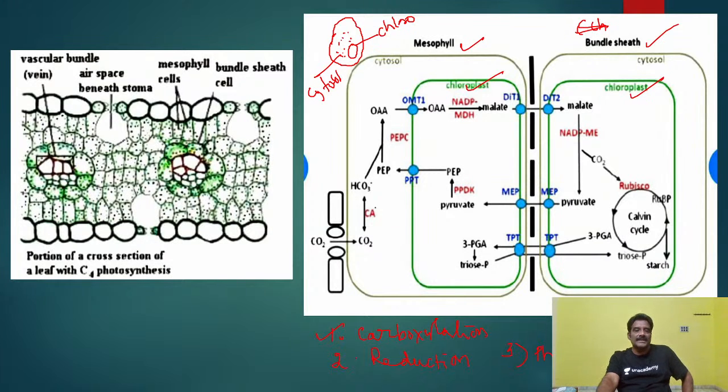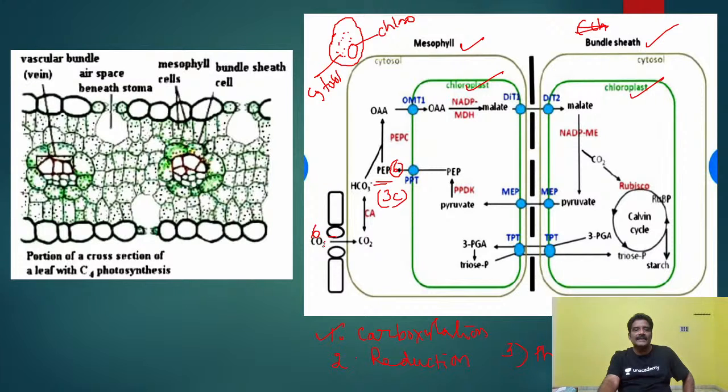So what is carboxylation here? There is carbon dioxide. Actually, 6 carbon dioxide molecules are required. These combine with 6 molecules of PEP, phosphoenol pyruvic acid, which is a 3-carbon compound.